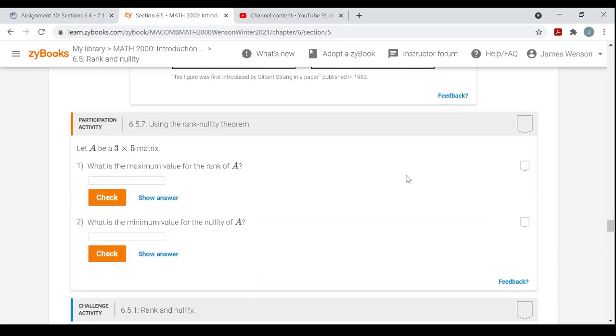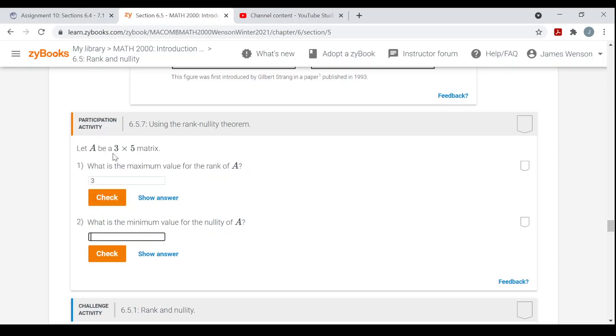All right. So, for instance, if A was a 3 by 5 matrix, what is the maximum value for the rank of A? I've already talked about this. It'd be 3. The rank can't be higher than the lower of the two numbers. So the largest value the rank could be would be 3. And when rank is largest, nullity is smallest.